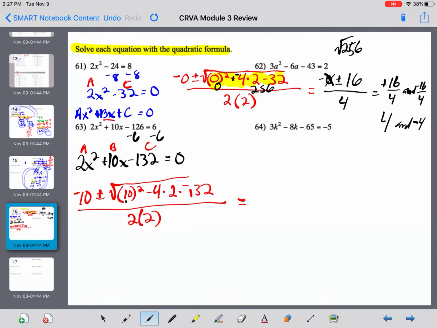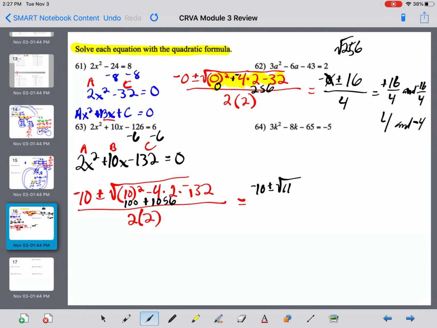Clean up what's in the square root. We've got Mr. P grabbing a calculator. So we have 4 times 132. Wow, 1,056. And that's a positive 1,056 because it was a negative times a negative again.